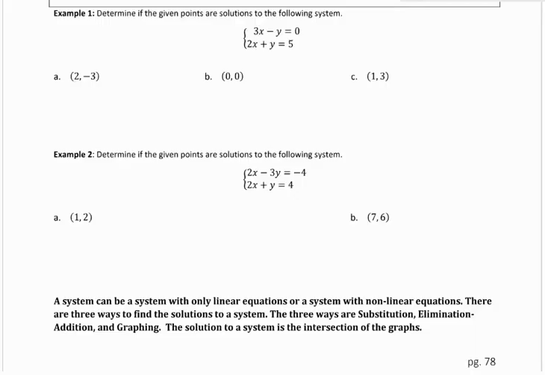For example 1, we have to determine if the given points are solutions to the following system. Our system is 3x minus y equals 0 and 2x plus y equals 5. So we're going to plug these points into my equations. Remember, this is x and this is y.